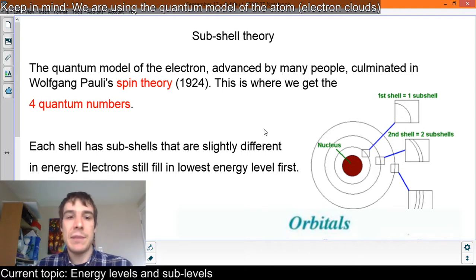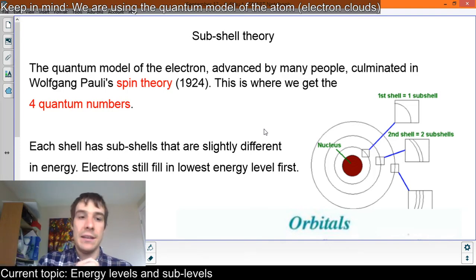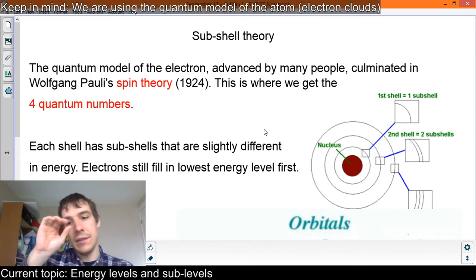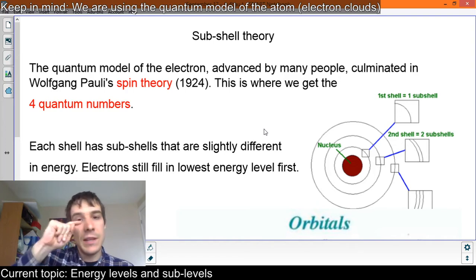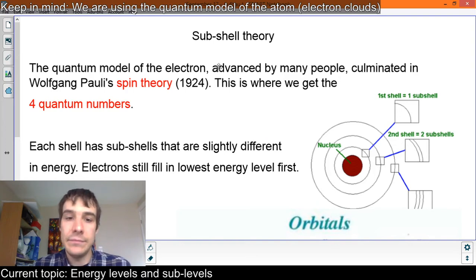As spectroscopy got better and better, they realized that those Bohr diagram jumps were being split into subsections. Those little lines were not just one line, but there were like 2 little lines, and they were really close together, and sometimes 3 and sometimes 4.